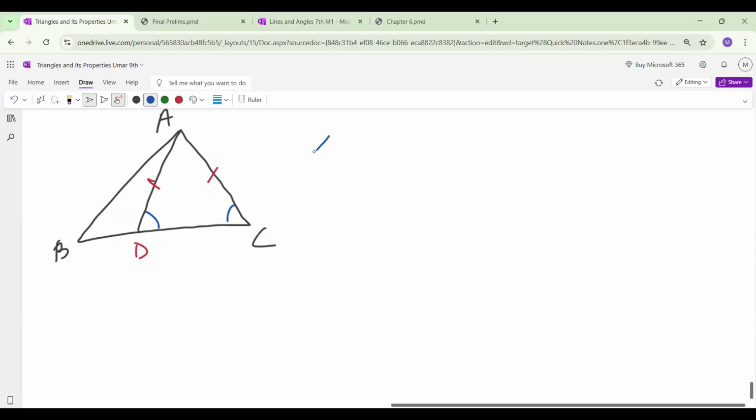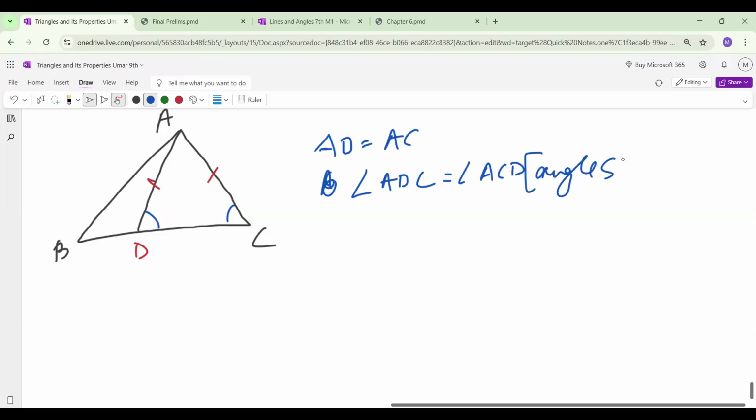Now since they are equal, this angle would be equal to this angle. So since AD is equal to AC, angle ADC is equal to angle ACD. Angles opposite to equal sides are equal.